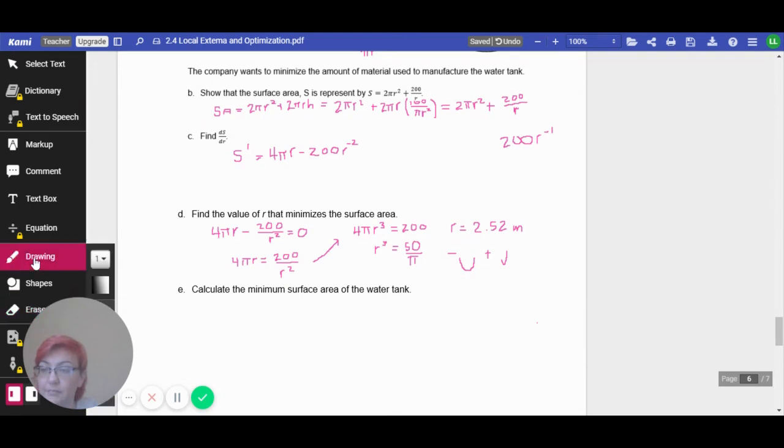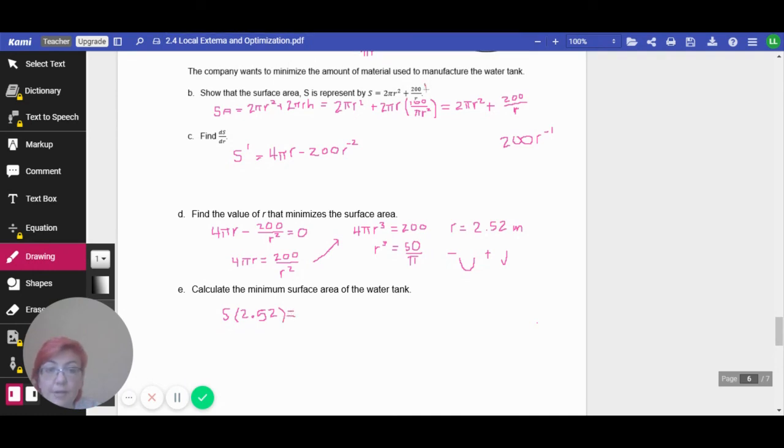All right, let's calculate the minimum surface area of the water tank without me drawing random lines on my paper. Okay, so then I'm going to plug in R to my function here. So S of 2.52 equals.